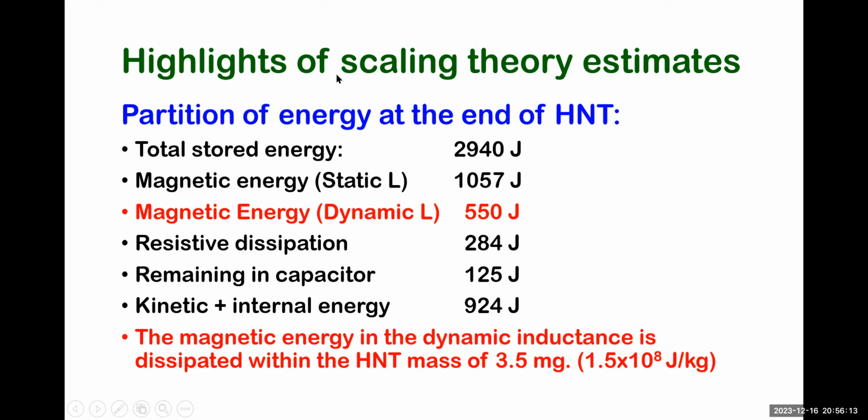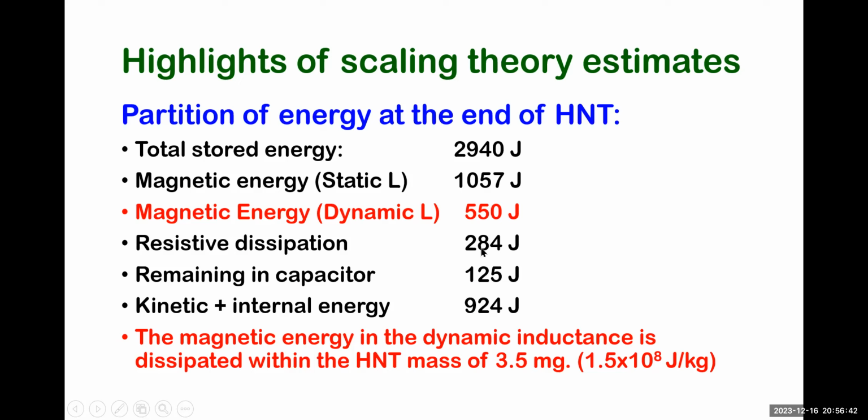So continuing with the highlights of the scaling theory estimates, the partition of energy at the end of the HNT, not at the end of the taper, when the plasma has crossed the HNT, the total stored energy is 2940 joules. The magnetic energy coupled with the static inductance is 1057 joules. The magnetic energy coupled with the dynamic inductance is 550 joules.